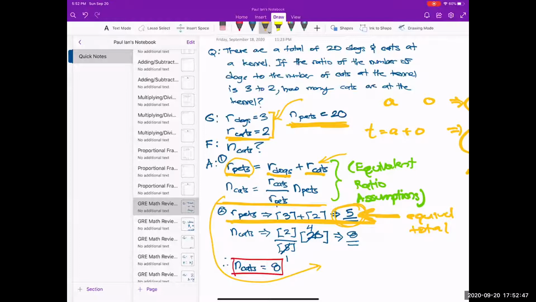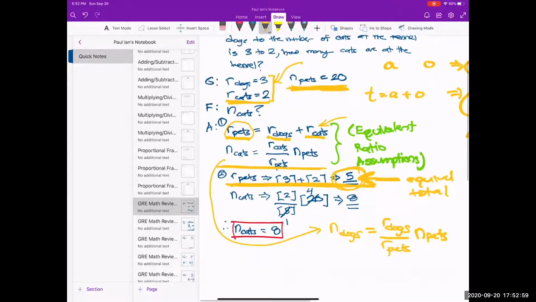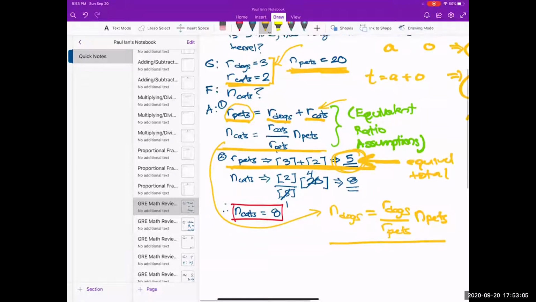If it's asking about dogs, it'll be like this. So we've got the mechanics of the equation. It's going to be like this: the ratio over the total pets, and then n would be the real number, not the relative number. So if you're asking about the dogs, it will be this one, and if you're asking about the cats, just switch these.